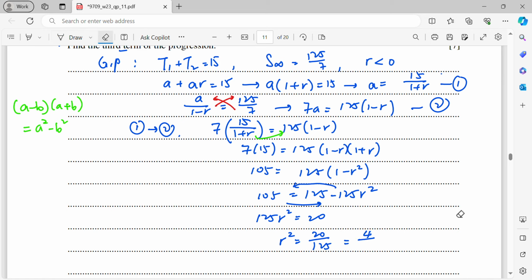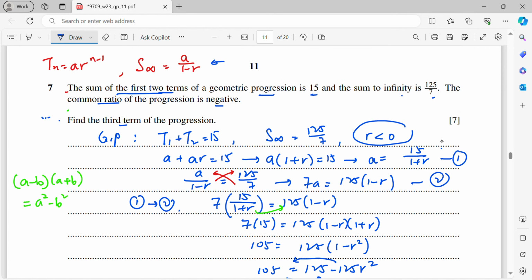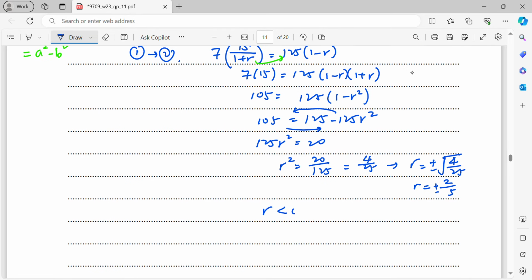And then you will be getting r as plus minus the square root of 4 over 25, which will be plus minus 2 over 5. But in the question it is mentioned, r is less than 0. So when r is less than 0, therefore r must be negative 2 over 5.